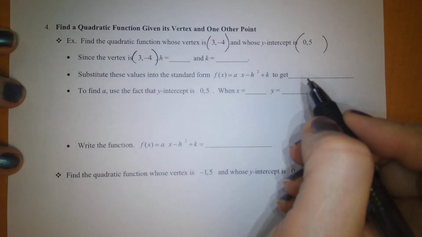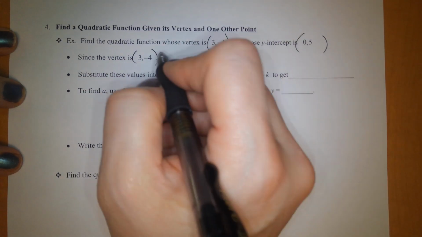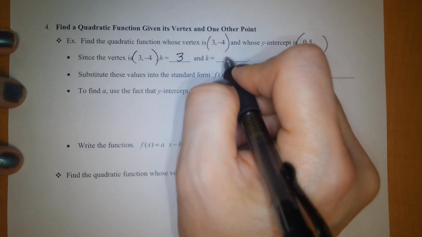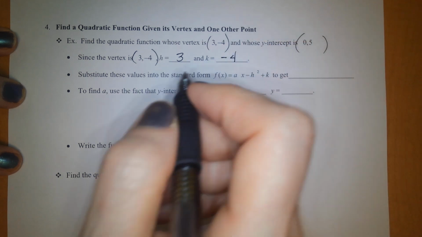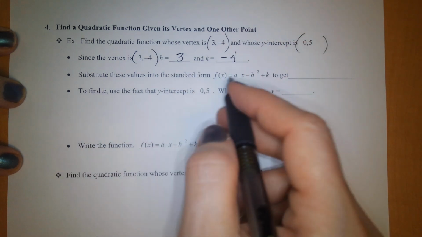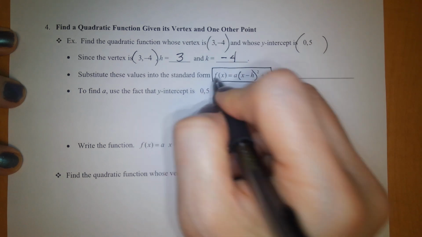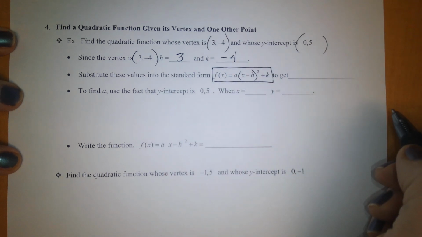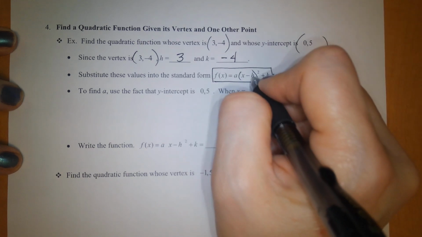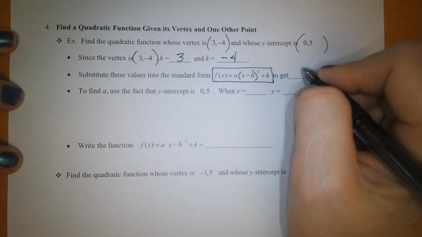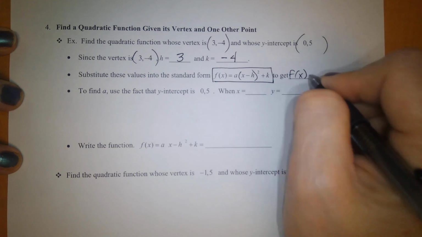So since the vertex is located at (3, -4), we know h is 3 and k is -4. And we know that the standard form of all parabolas looks like this from the first page. So we can plug in h and k to get a better example of what this graph will look like.